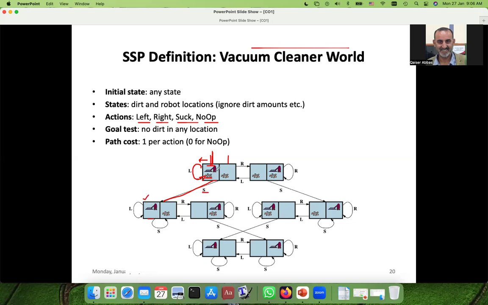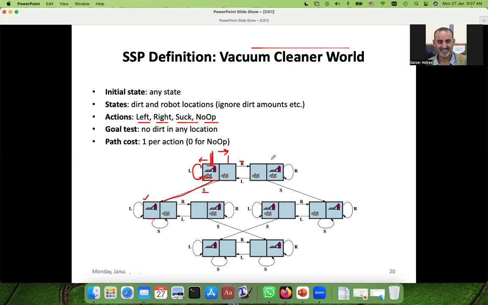And if you perform the action move towards right, R, then the agent will go towards right without cleaning it. So these are the possible states after performing the actions on this state 1.